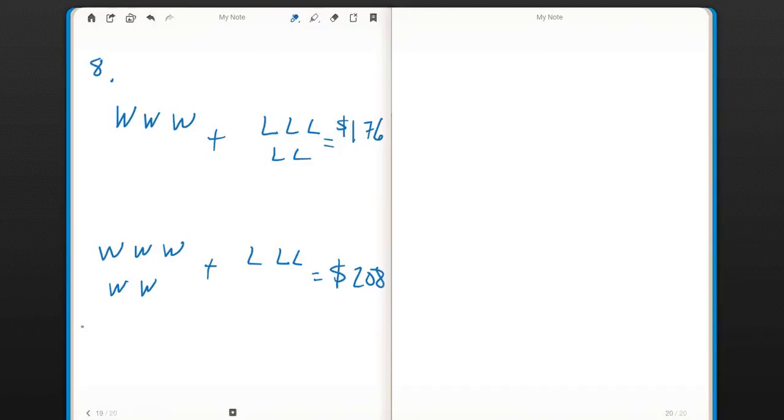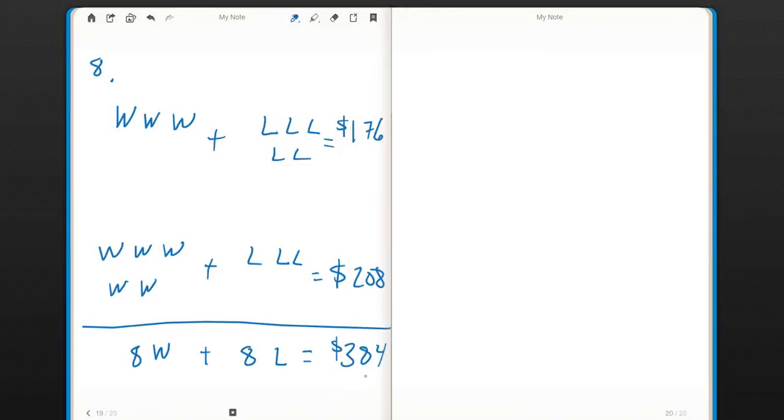But in this case, what I could do is say, well, maybe I did this on 2 different days. What if I bought all of these on the same day? Then I would have 8 watches and 8 lamps, and I would have had to spend $384.